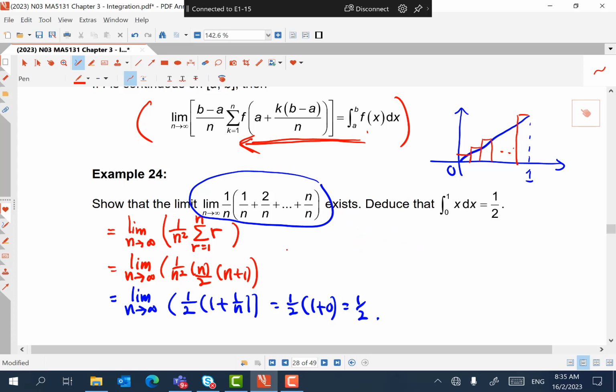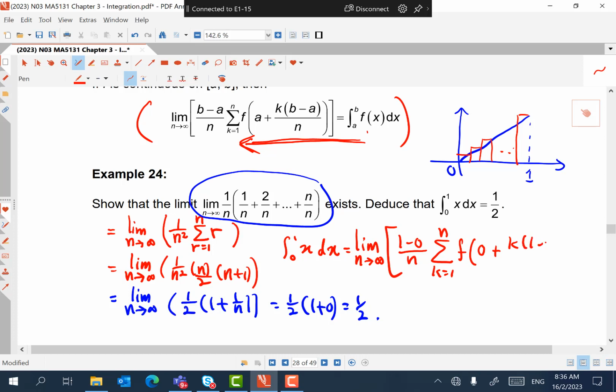The integral from 0 to 1 of x dx equals the limit as n goes to infinity of (b minus a) over n, which is 1 over n, times the summation with k from 1 to n of f of a plus k times (b minus a) over n, where a is 0.